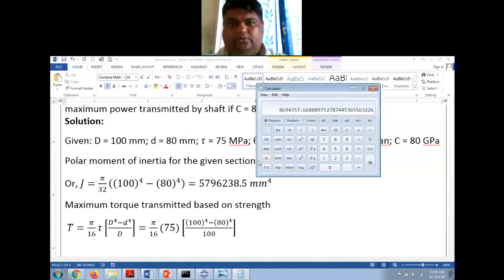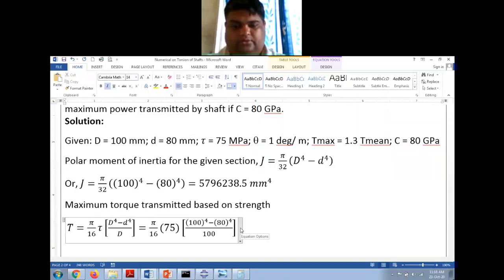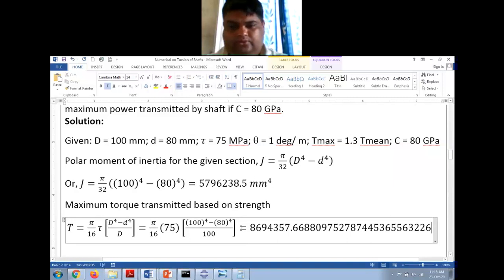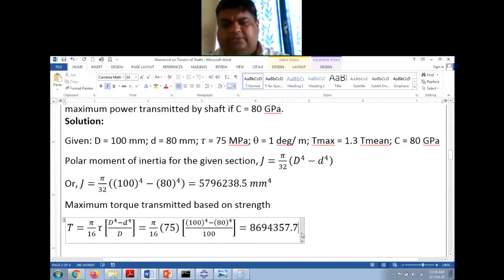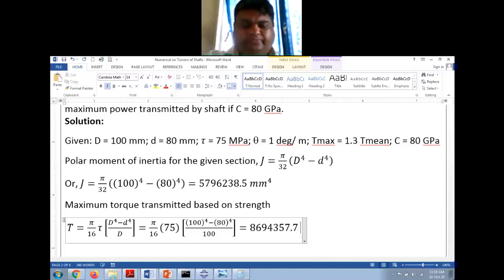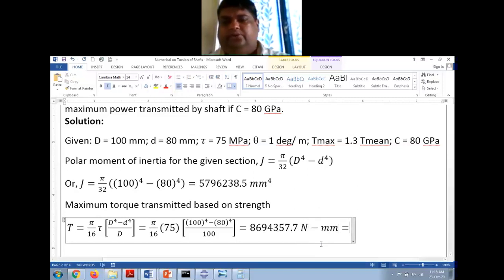I'll take one decimal wherever it is mm. So you take one decimal place, that is enough. So it is 8694357.7 Newton mm. Convert this into Newton meter because you have to calculate power.